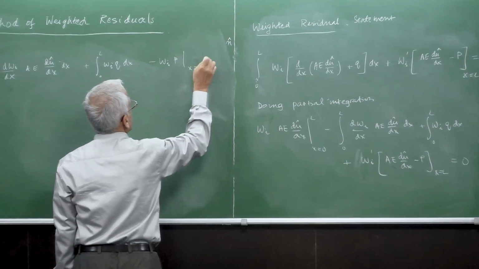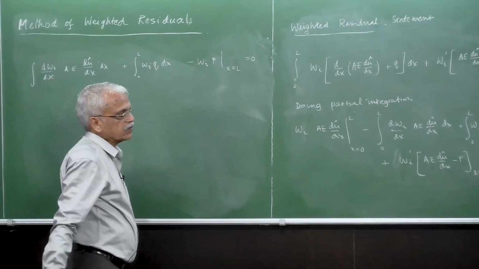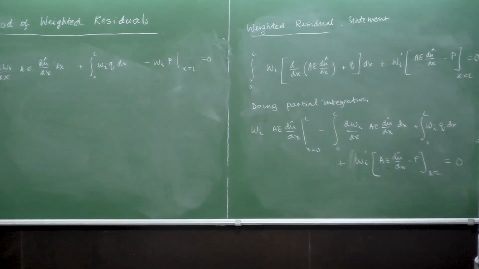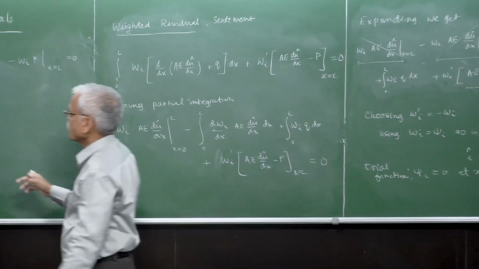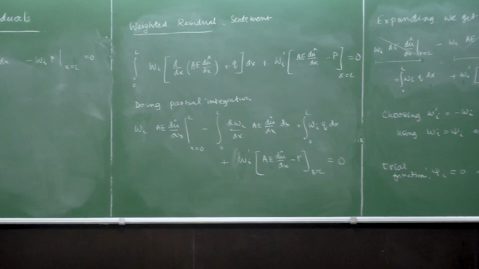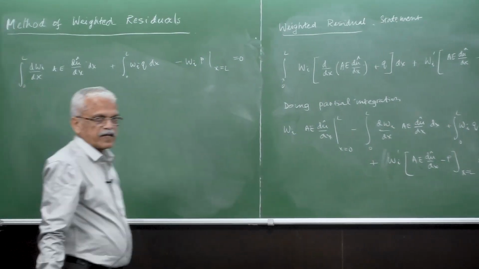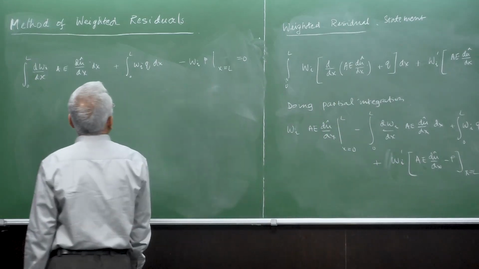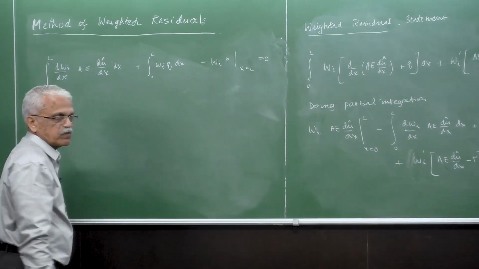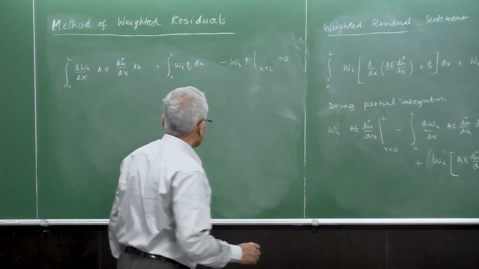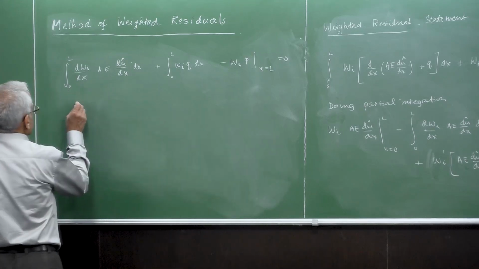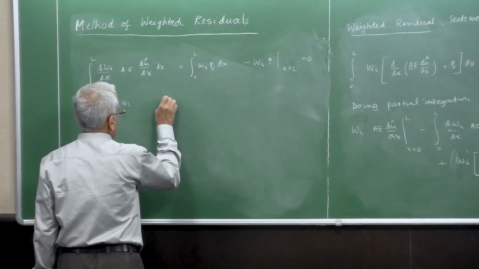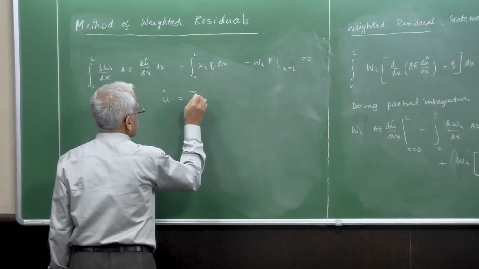Obviously this is still evaluated at x is equal to L. So this and this together are still remaining, so they still have to be evaluated at x is equal to L. This is the simplified weighted residual statement, and let us recollect these things and then put it in the form of algebraic equations. One thing is that wi we will set equal to psi i as appearing in the u hat.